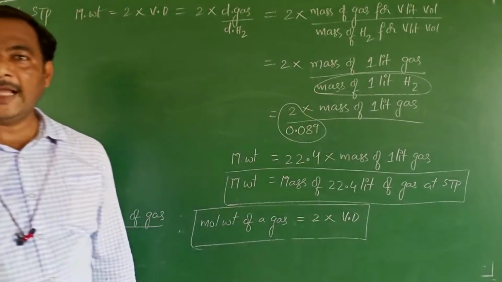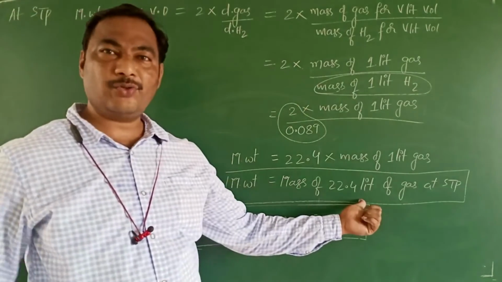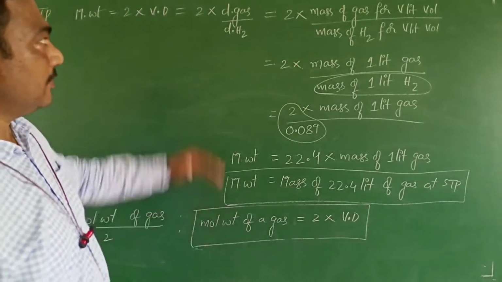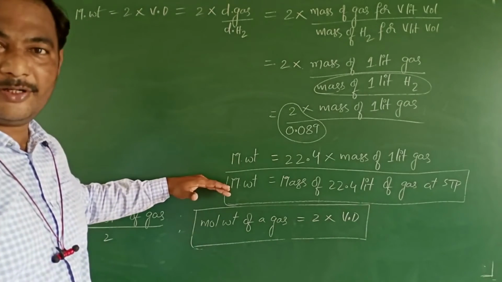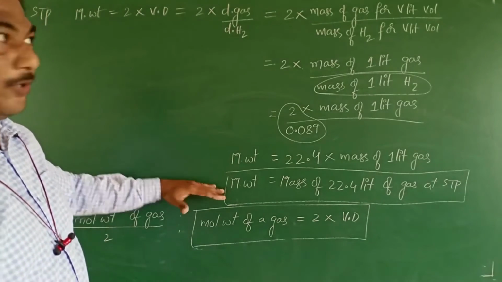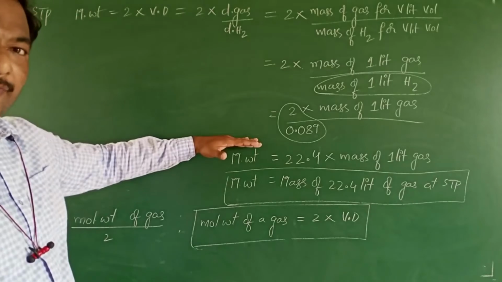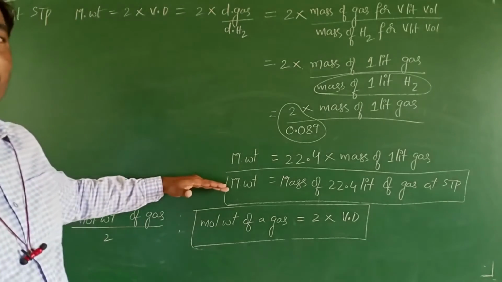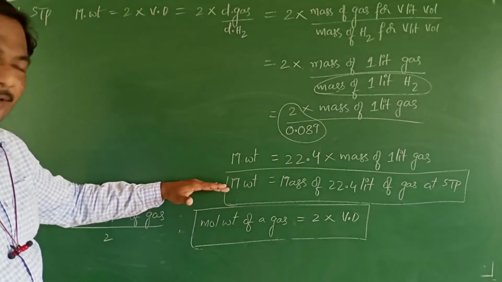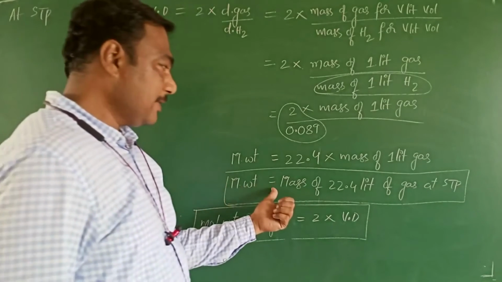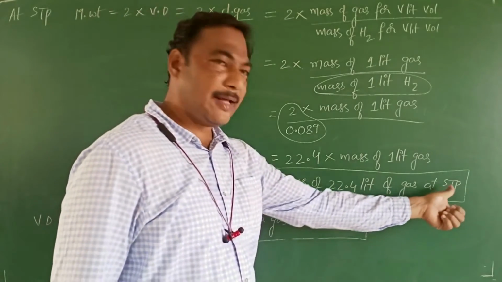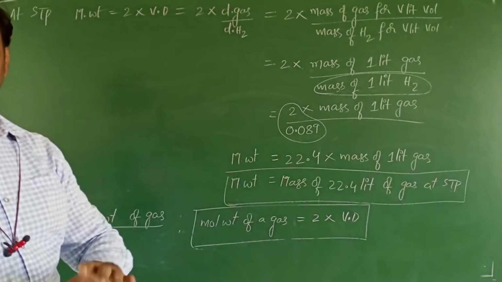Based on this, we already solved a number of problems, but as we have derived this, some 2 or 3 steps for this derivation also. Nobody is going to ask this type of derivation in the objective part, but if you know it, it will be better. Molecular weight is nothing but the mass of 22.4 liters of gas at what condition, students?